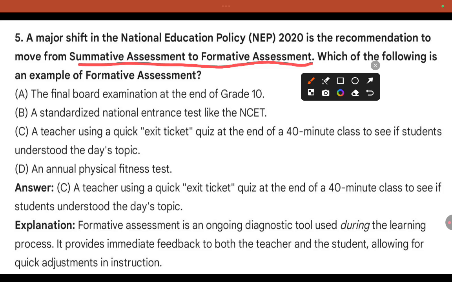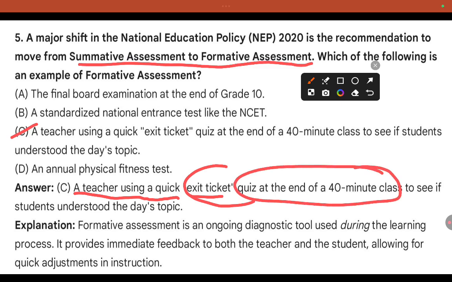So here, what is that? Summative to formative. So the example of formative assessment, the answer is C: a teacher using a quick exit ticket quiz at the end of a 40-minute class to see whether students are understanding that day's topic.